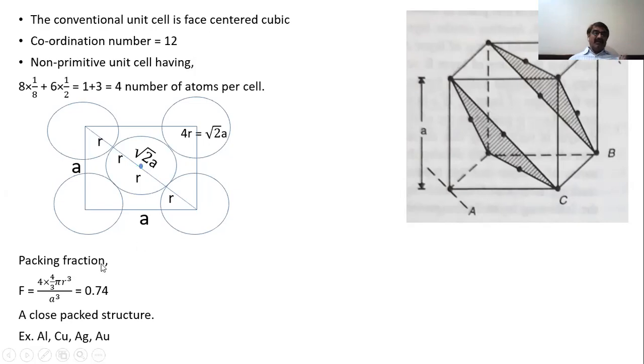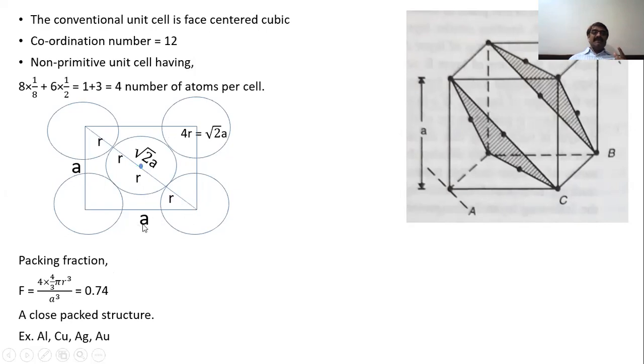Here we have to apply it while calculating the packing fraction. Now what is packing fraction? It is the ratio of the volume occupied by the atoms to the volume of the unit cell. If the radius of an atom is r, since it has a spherical shape, its volume is 4 by 3 pi r cube. And how many atoms are there? 4. So the volume occupied will be 4 into 4 by 3 pi r cube, divided by the volume of the unit cell.